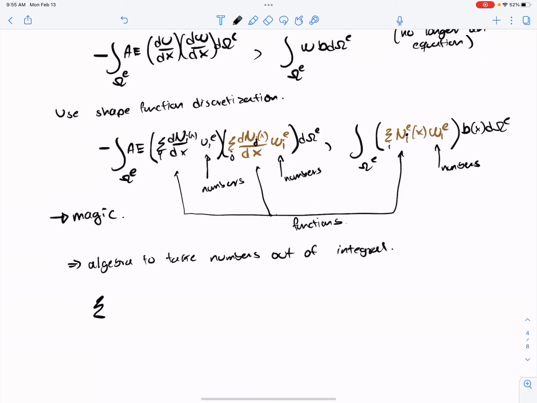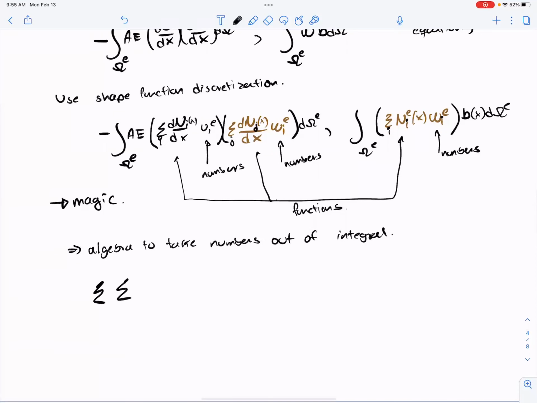And here I'm going to use I. You will see that this is equivalent to having a sum over I and a sum over J of W. And I should use this J, and I'll do I for this one. The naming is irrelevant, as long as they are called differently.